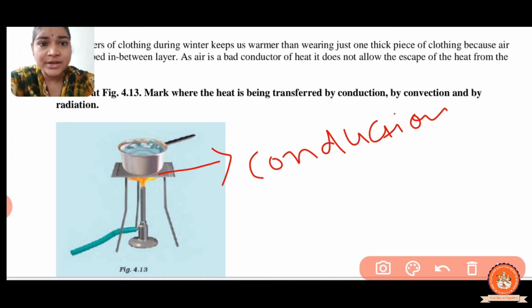Now let us see what the convection process is. Here heat is transferred to the container and the bottom water becomes hot first and rises up. The cold water moves downward towards the heat, and after that this cold water becomes hot and again the hot water rises up and again the cold water moves down towards the heat to become hot.